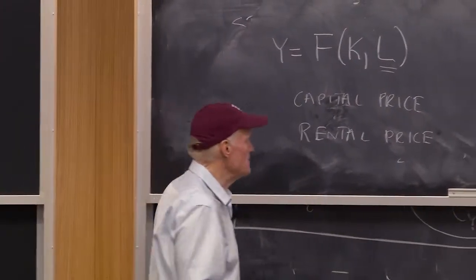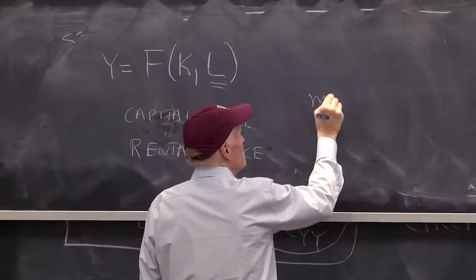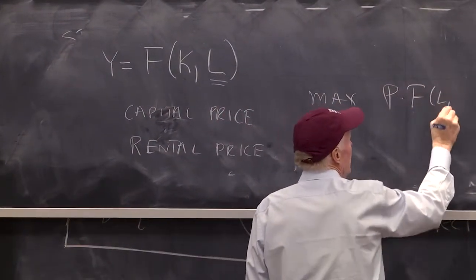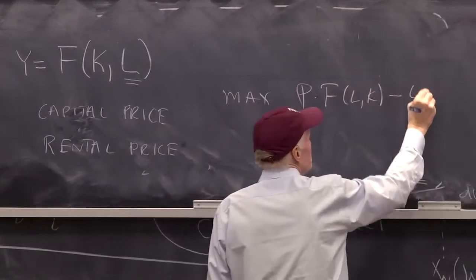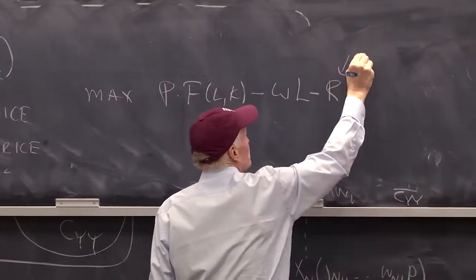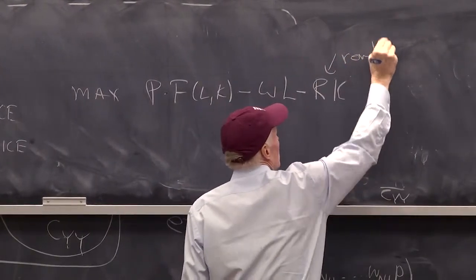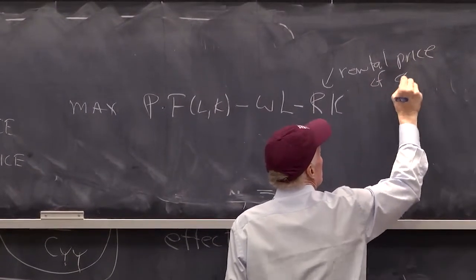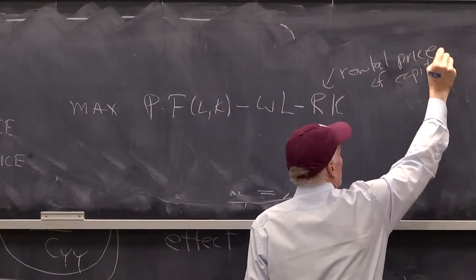So our maximization problem is going to be max P times F of L and K minus WL minus RK, where this is the rental price of capital. Right?